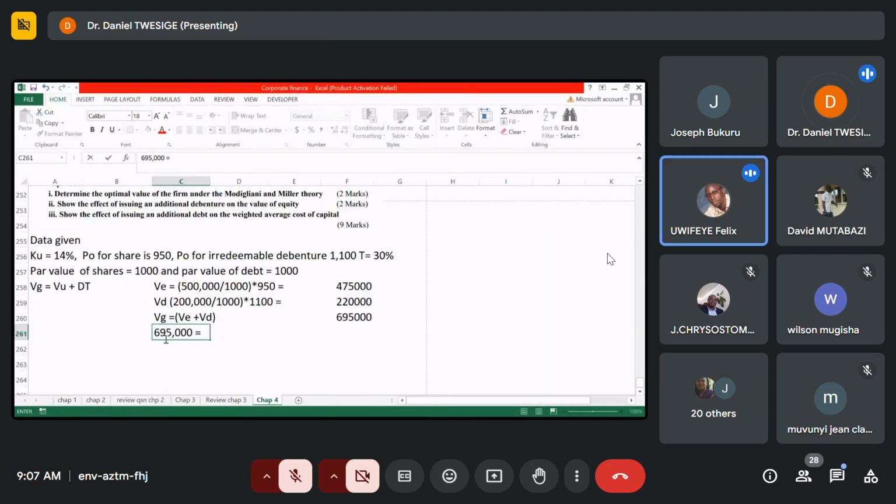Oh, am I the one making a mistake? Equal to VU plus 220. Are you not going to go back to the same question? That's the optimal value as per this one, because this is already the geared business. When you calculate this, it's going to take you back to the same thing, times 30%.